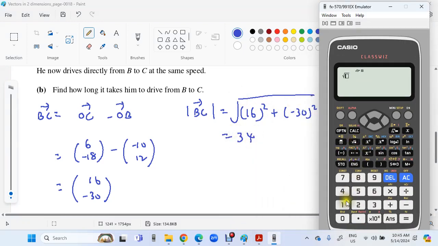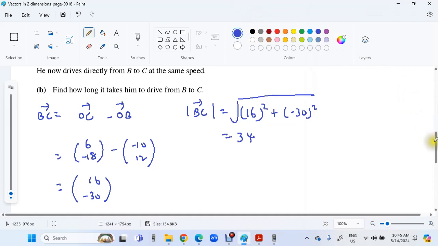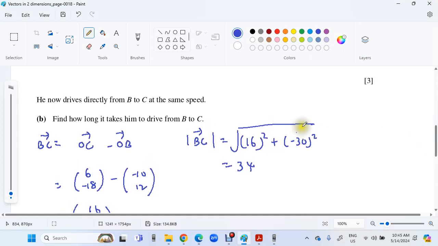So we have the square root of 16 squared plus 30 squared, then it is 34. Why can I get the answer without using the calculator? Because I know that 8, 15, 17 is a triple in the Pythagoras theorem. So 2 times this will be 16, 30, 34 here.